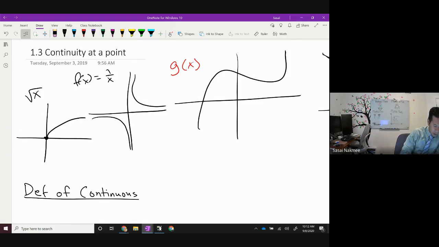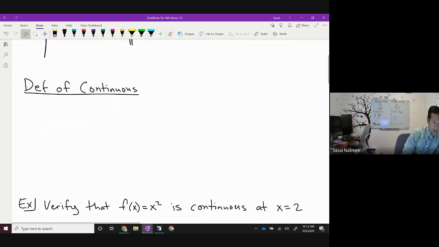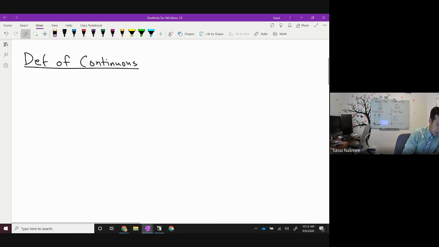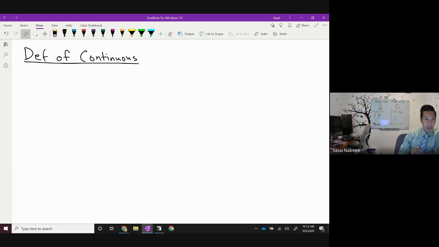So what we talk about when we're talking about the definition of continuous is usually these rules right here. Let's drill that down. So if I'm looking at if a function is continuous, I'm going to add on to this definition of continuous at a point. A function is continuous at a point if it meets three conditions.